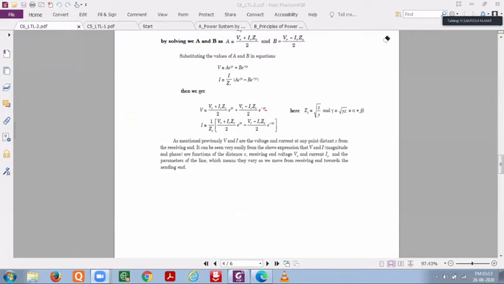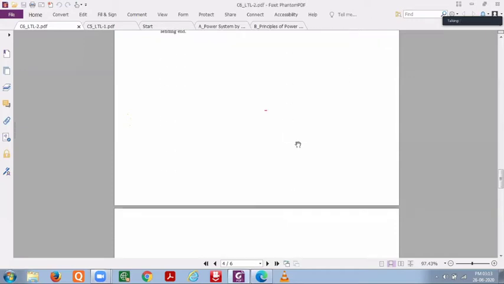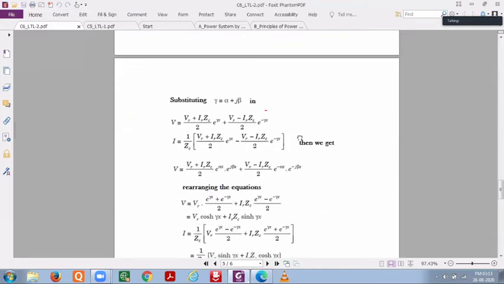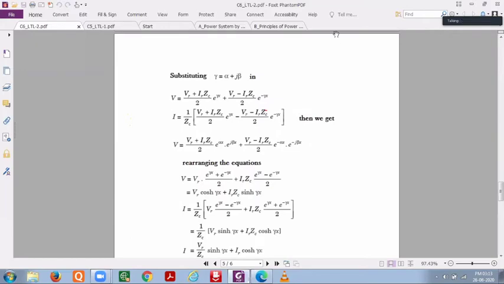Right. So if you move on further, see the simplification I did here. Again, you have to recall your math knowledge here. What we did is nothing extra new. This you already know: gamma is equal to the square root of small y into small z, which is further simplified and written as alpha plus j beta.